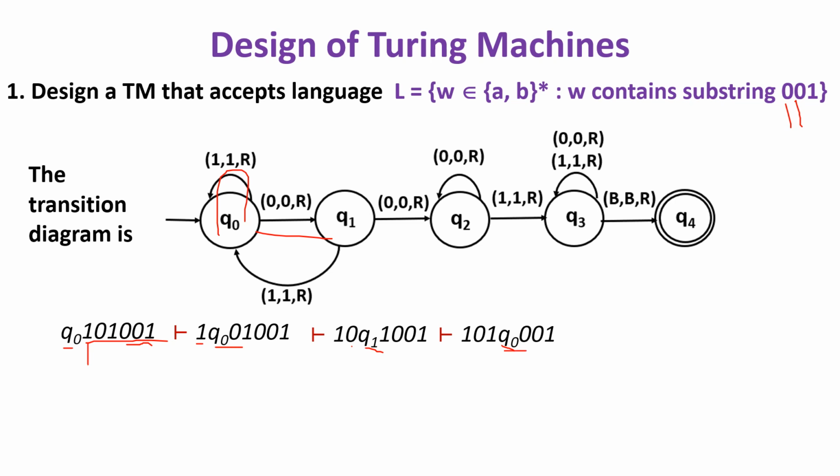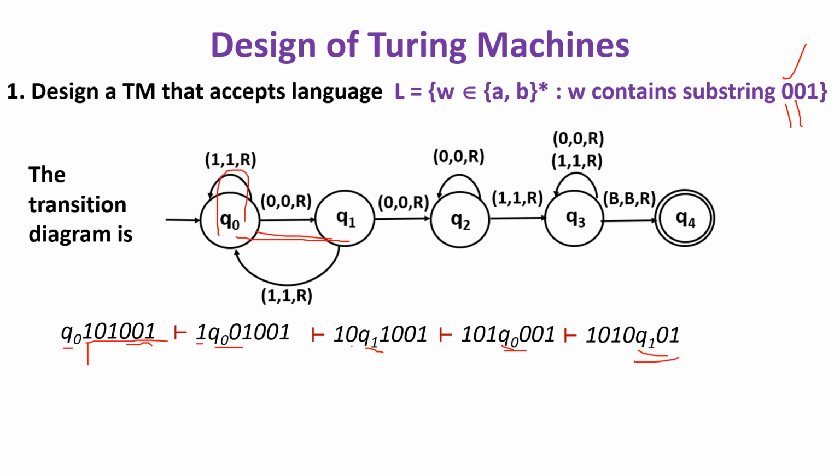Next, Q0 0. So being in the state Q0 0, it will change the state from Q0 to Q1 for the first 0 of the substring 001. So Q0 is changed to Q1, 0 is kept as it is, move towards the right. Next, Q1 0.